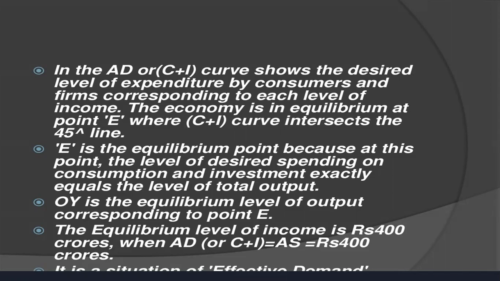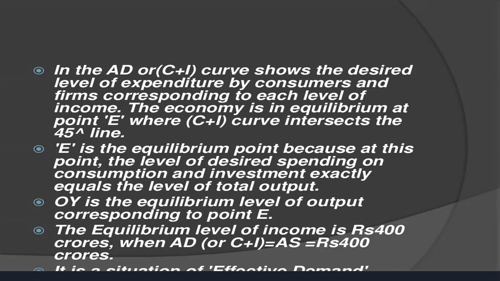It means it is assumed that there is no government or foreign sector. Investment expenditure is assumed to be autonomous, that is, investment is not influenced by the level of income. The price level is assumed to remain constant. Equilibrium output is determined in the context of the short run.